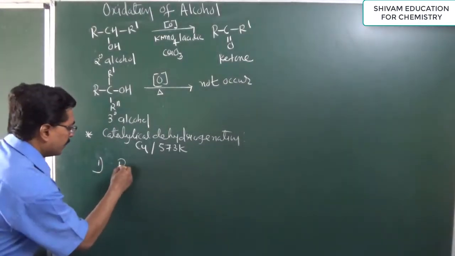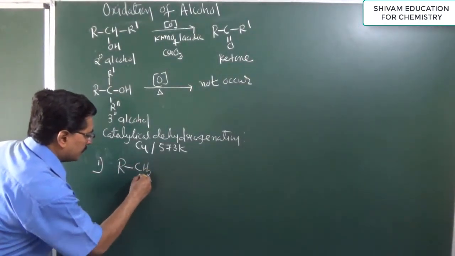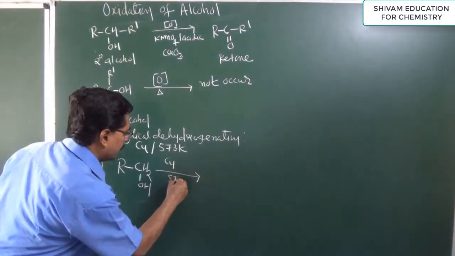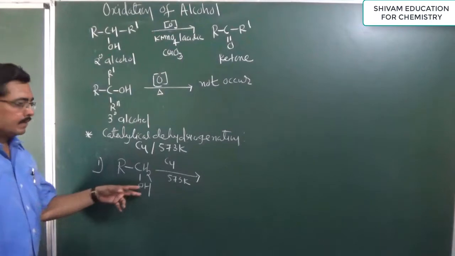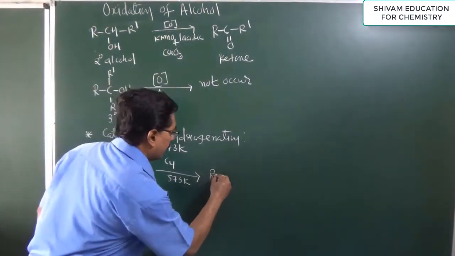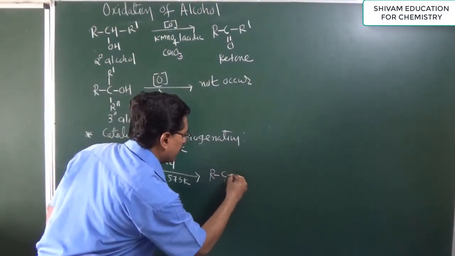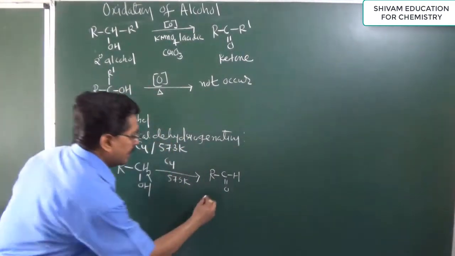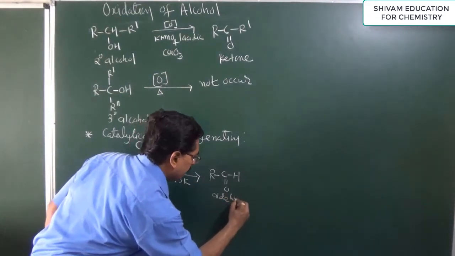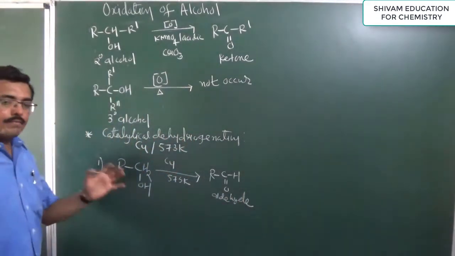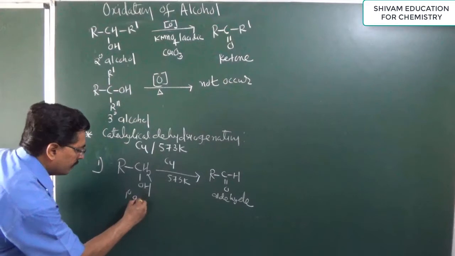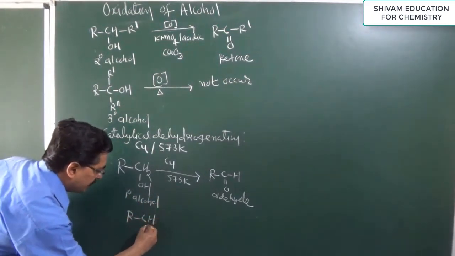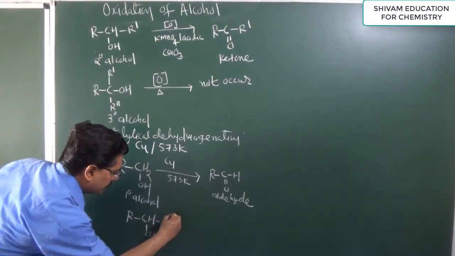Now suppose we have a primary alcohol. When a primary alcohol is passed over copper catalyst at 573 Kelvin, oxidation gives us an aldehyde as the final product. If a secondary alcohol is treated the same way, we will get a ketone.